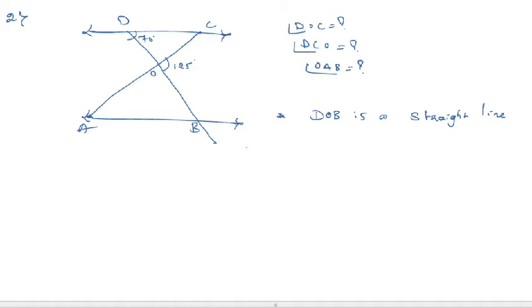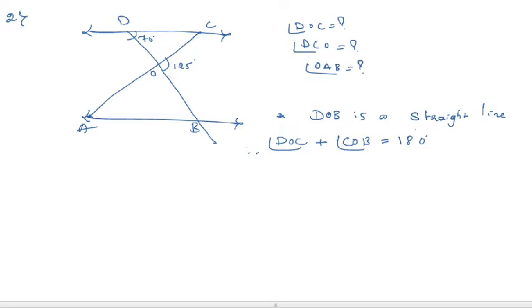So we can write, therefore, angle DOC plus angle COB is equal to 180 degrees. Automatically, we will get the DOC value because the COB value is 125 degrees there.